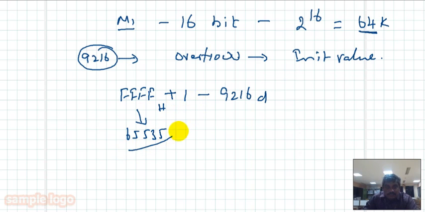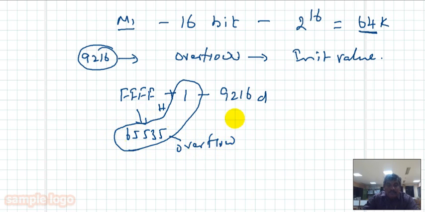This is the total pulses required to overflow the timer if you start the timer from 0. But we don't want that. As per our calculation, our timer has to count only 9216 pulses, and after 9216 pulses the timer should overflow. Then what is the initial value? How to calculate? You subtract this number from the maximum.